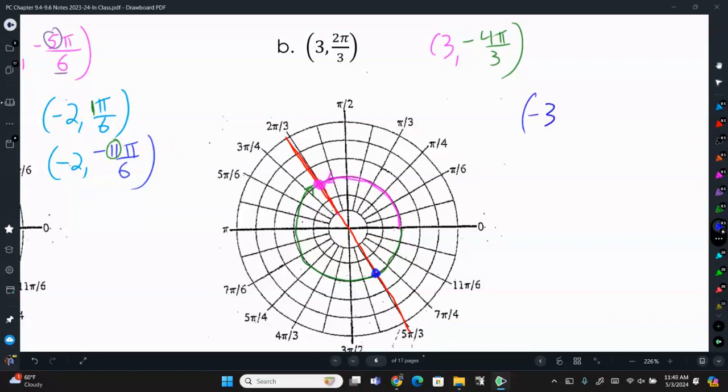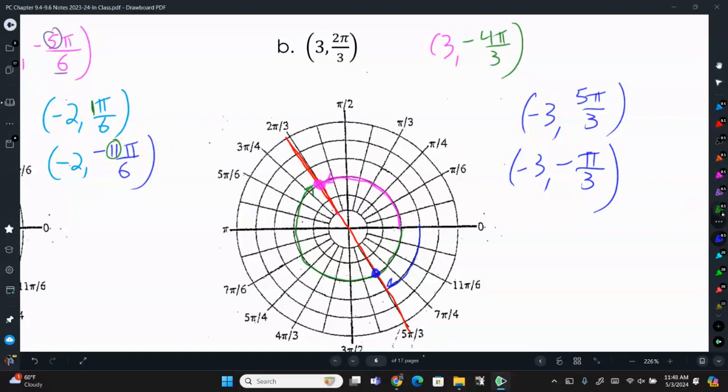So negative 3 comma, well, how do I get there? We can go counterclockwise 5 pi over 3, or we can go clockwise in this direction, negative pi over 3.